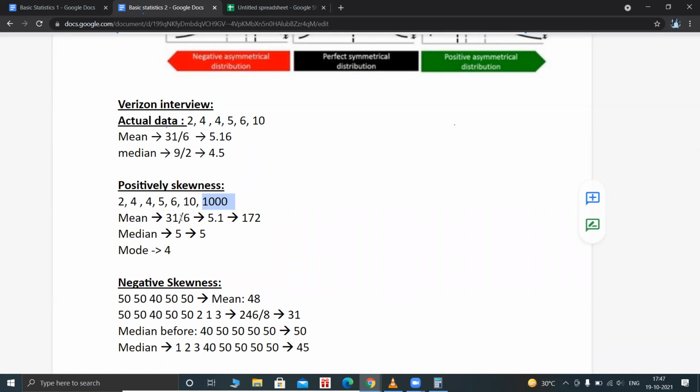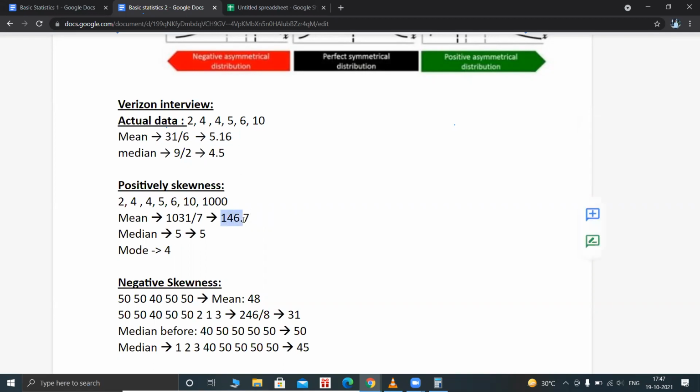Now if I add 1000, it is 31 plus 1000, which is 1031 divided by 7, right? 1, 2, 3, 4, 5, 6, 7. So what is the mean in this case? What is the value of 1031 divided by 7? 146.714. Yeah, so it was 146.7.